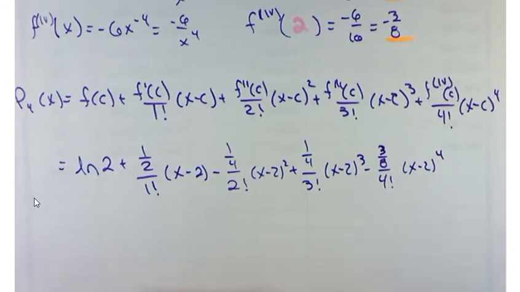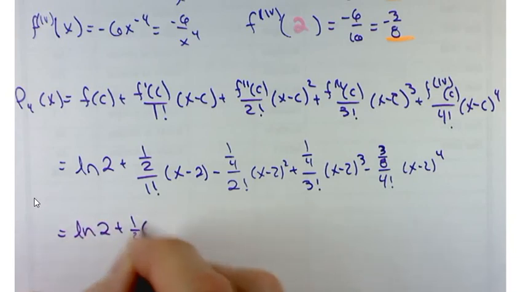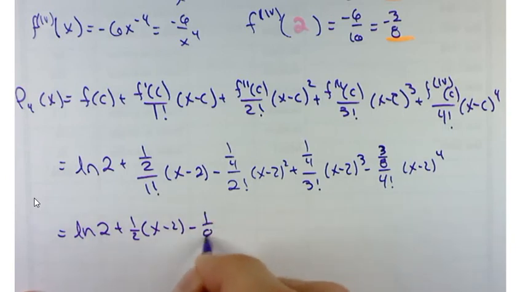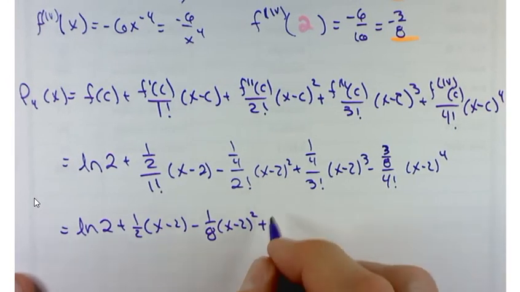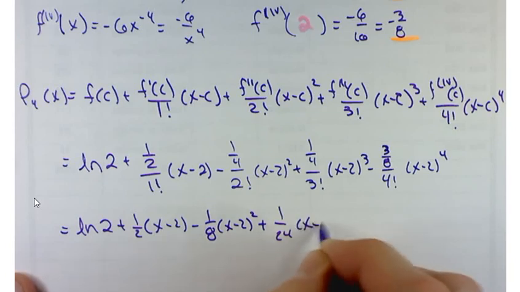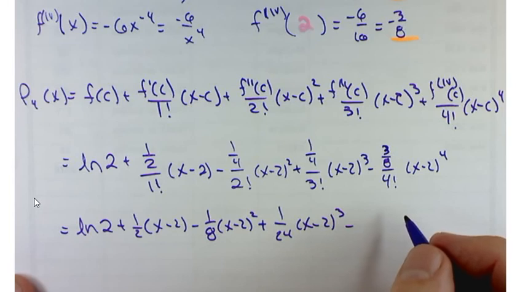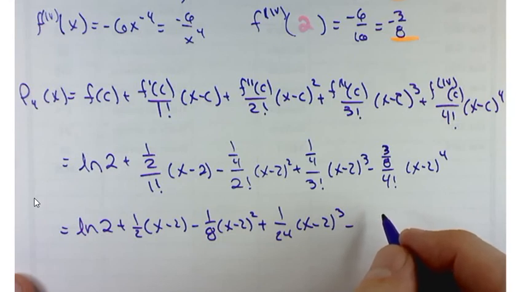And if I clean that up a little bit further, ln of 2 plus 1/2 times x minus 2, minus 1/8 times x minus 2 squared, plus, that'd be what, 1/24 times x minus 2 cubed, minus 3 over what? Actually, the 3 should cancel, right? So it would be 1 over 24.